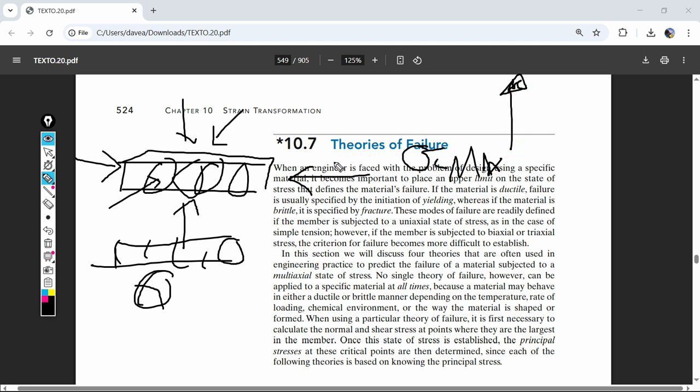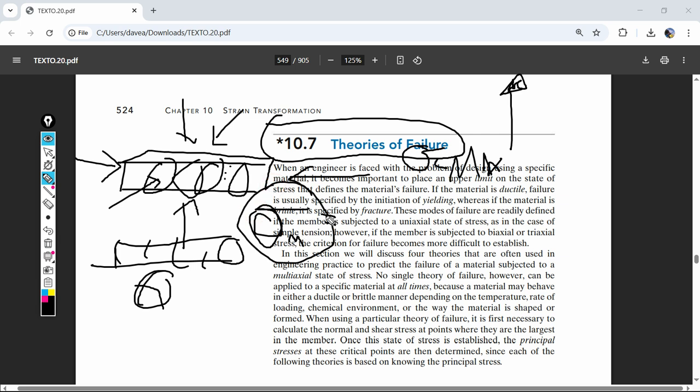I won't say this section will cover that, but keep in mind that I was under the impression that if any point in this material sees a compression or a tension that's considered the max number for that material, then we got failure, whether it's shear max, tau max, or the strain, the change in length max.